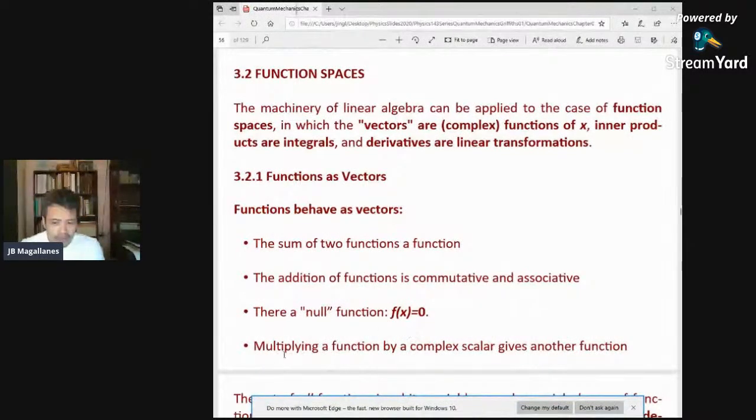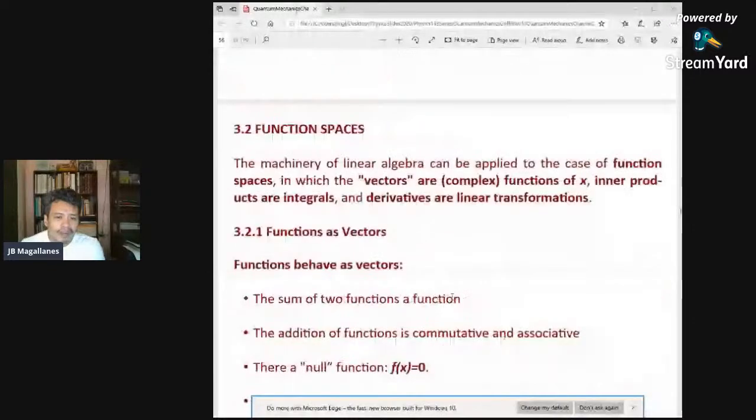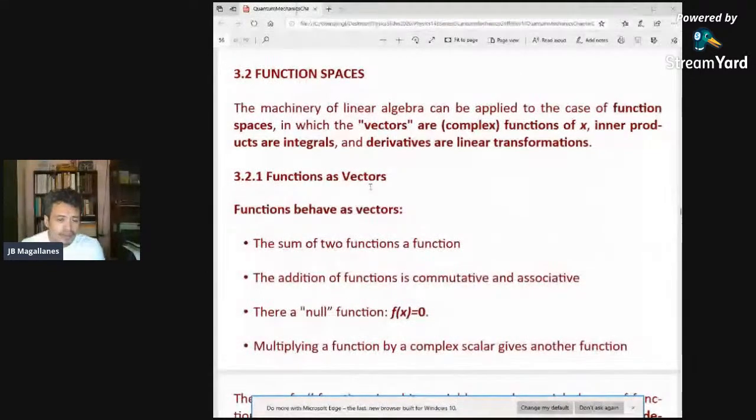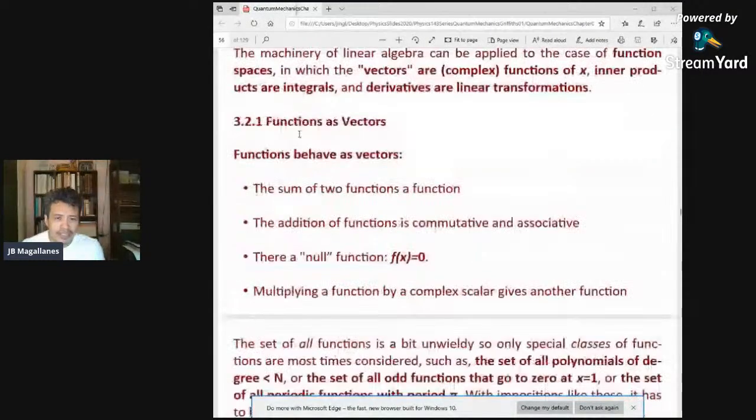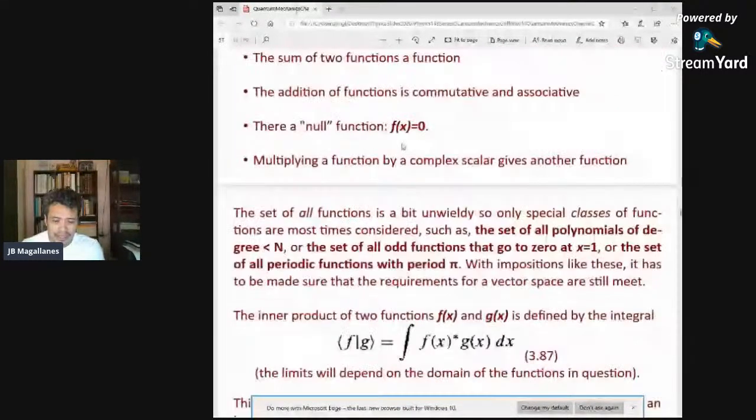Multiplying a function by a complex scalar gives another function? Yes, also. So functions can also be treated as vectors. Anyway, most of these things will be discussed in the next lecture.